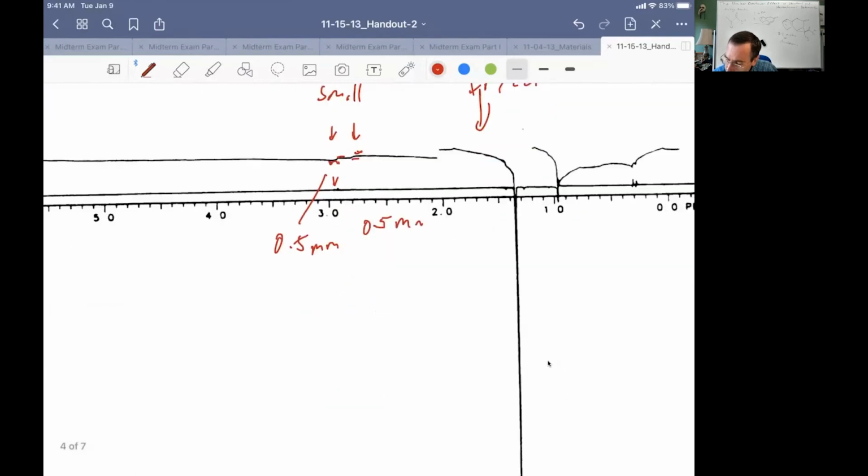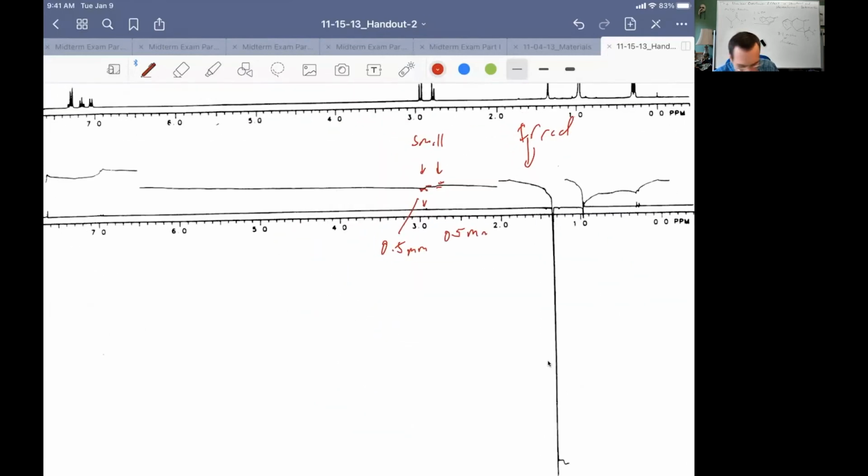And I measured this integral here, and I think I got 73 millimeters. So that's for 3 hydrogens, so it's about 24.3 millimeters per hydrogen. And I took 0.5 divided by 24.3, and I got 2%.